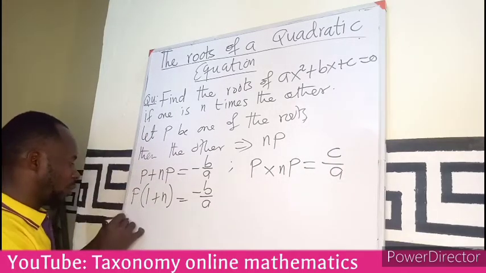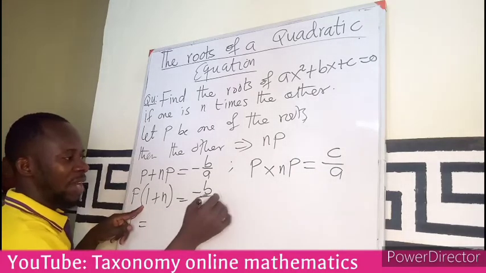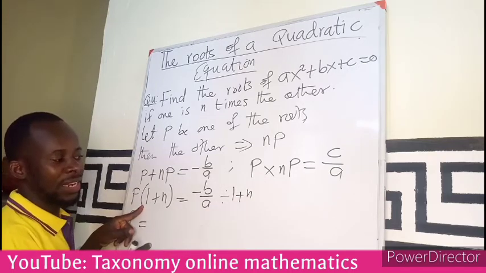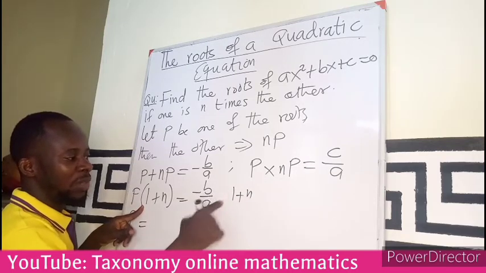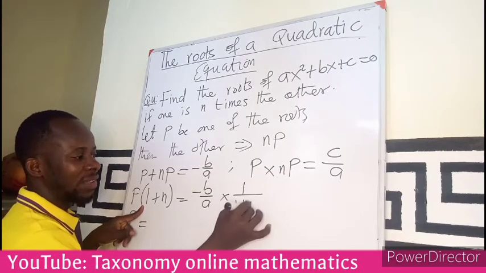So p equals minus b over a, divided by 1 plus n. If I change the division to multiplication, I reciprocate it to become 1 over 1 plus n.